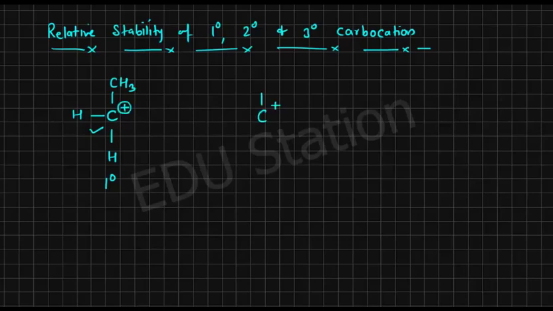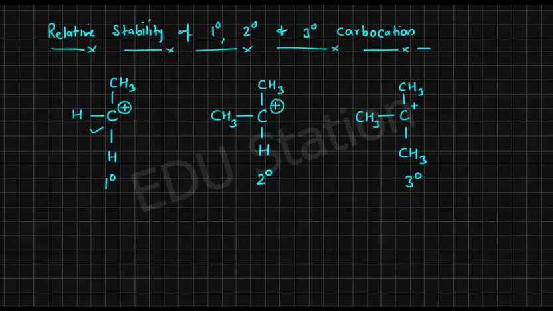This carbocation is attached to 2 different alkyl groups. So, this is secondary, and finally, you have a carbocation which is attached to 3 alkyl groups. We are taking methyl, it can be any alkyl group, you can write R also. So, this is tertiary, secondary and the first one is primary.